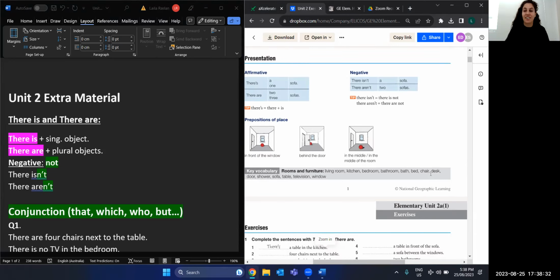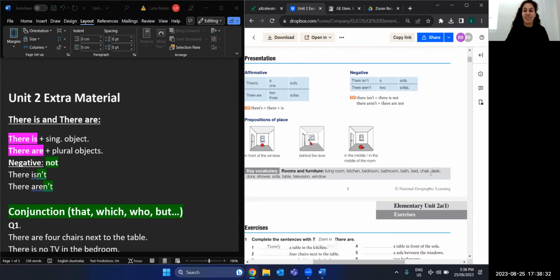Okay, any questions with that? I know that I went very fast, but it was with there is and there are, and then looking at the place. Where is it? Preposition of place. So that should be pretty easy. So this is just some examples, in front. So preposition of place to show where the object is located.